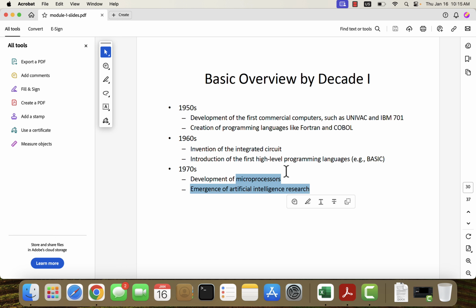This was huge, right? So if you search for the image of a microprocessor, you're going to see how small they are. There are microprocessors that are even smaller than your pinky toe. So imagine a small computer.